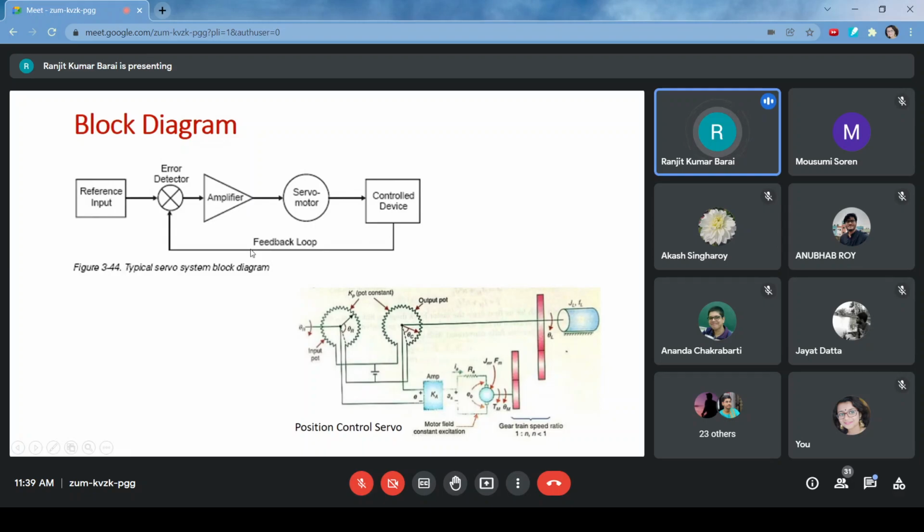Here we are using proportional control, in the form of unity gain. You are comparing, as in a PID controller, the error. You have already studied. So error into unity gain is virtually one control input, and that is amplified by an amplifier.